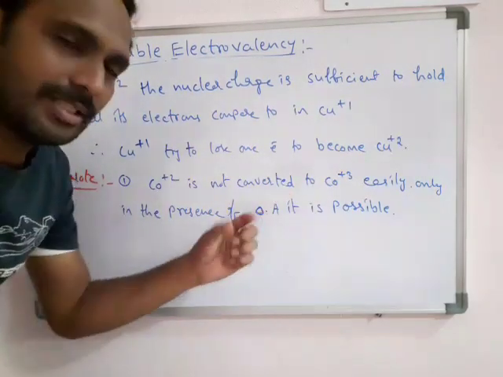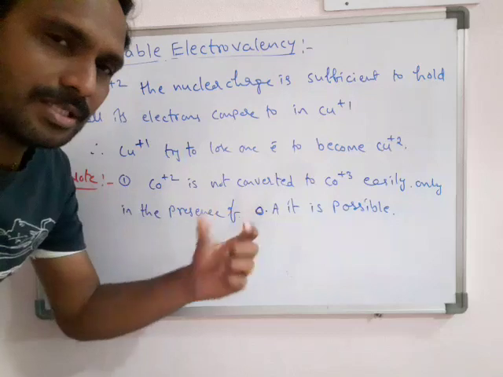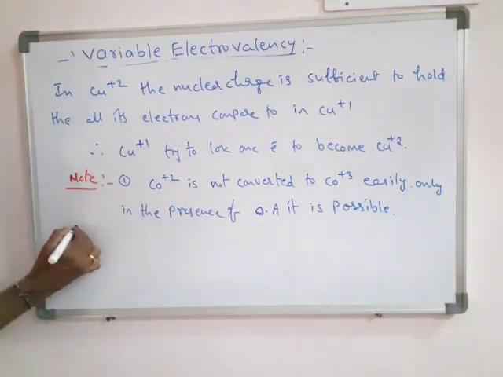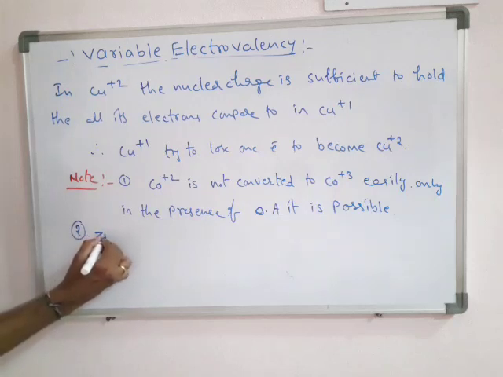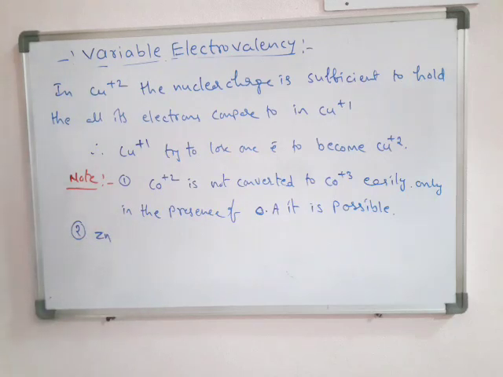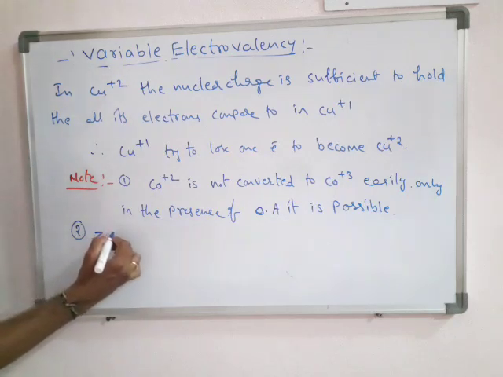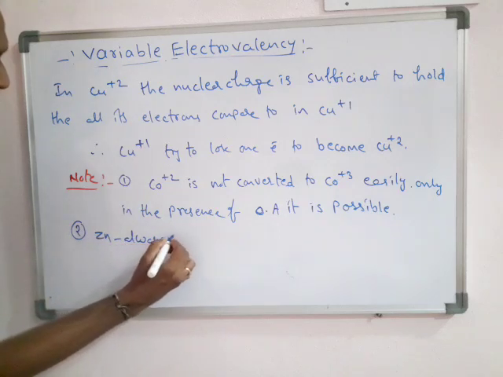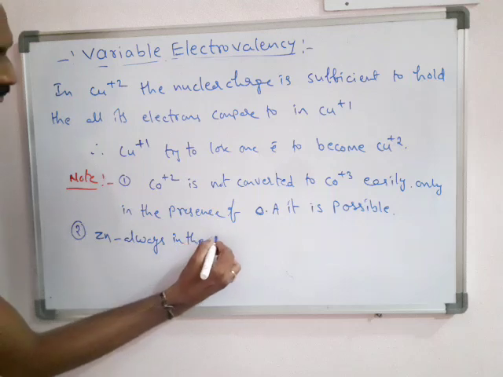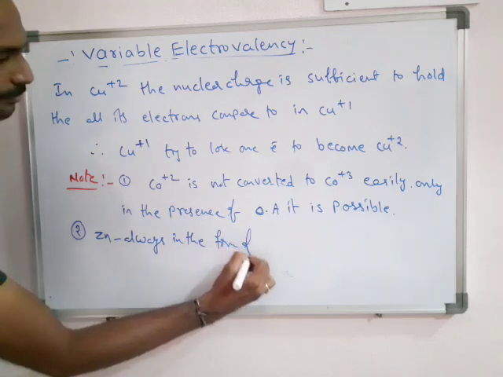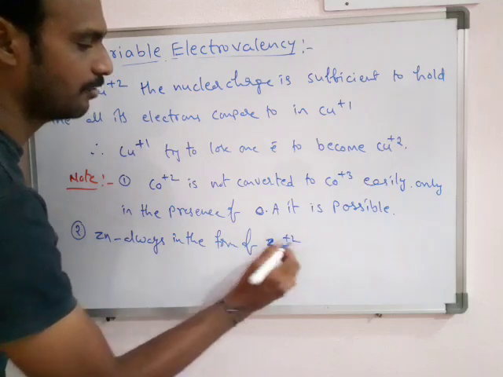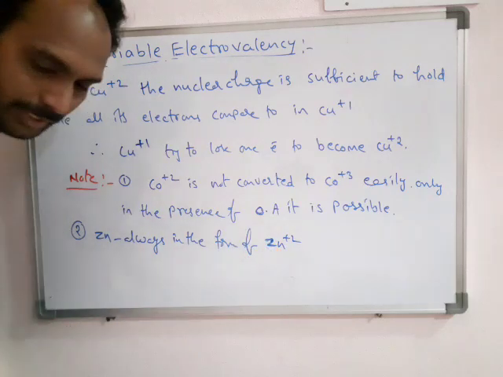This is a different concept from the examples we mentioned earlier. Take another one, Zn. Zinc is always in the form of Zn plus 2 only.